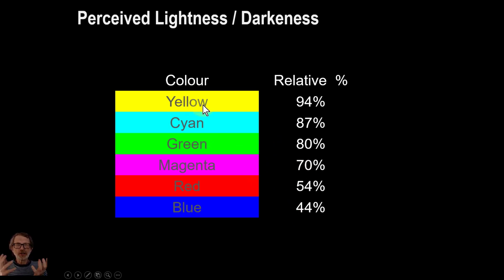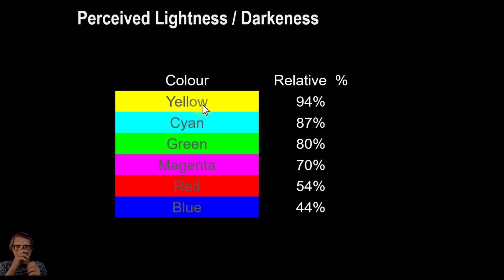You can imagine that red, green and blue are three torches, one for each pixel. But yellow, that's green and red. You've got the green torch there and you're adding the red, so that's got to be brighter than just the green by itself.